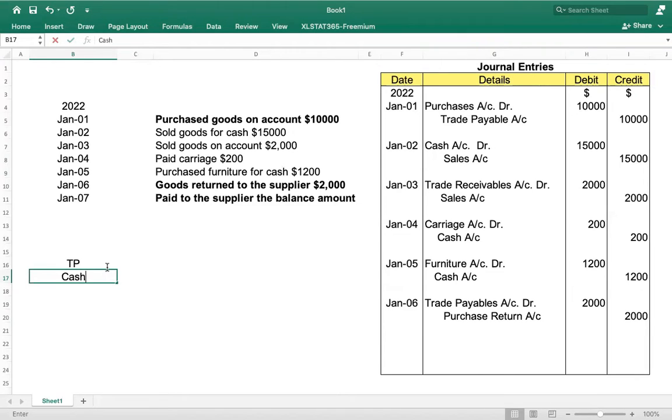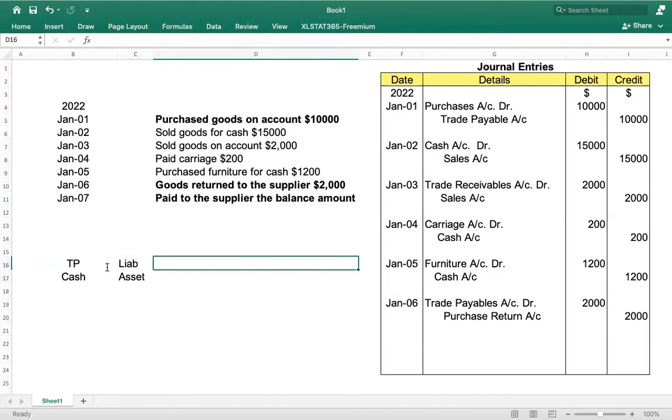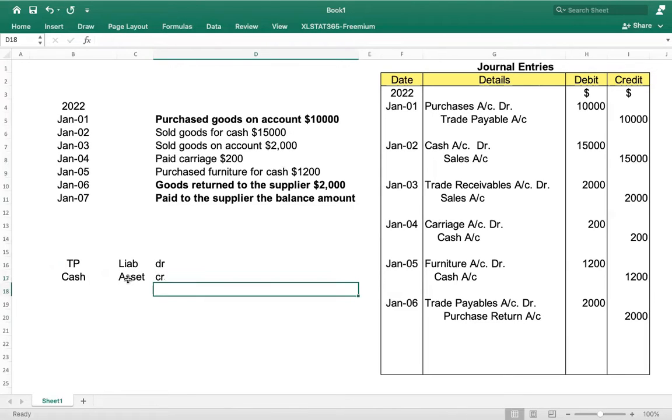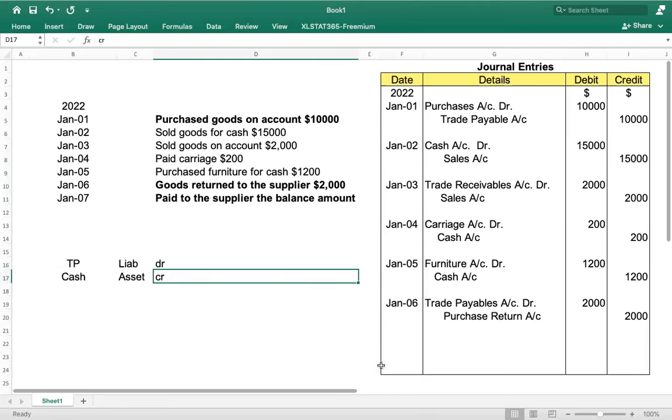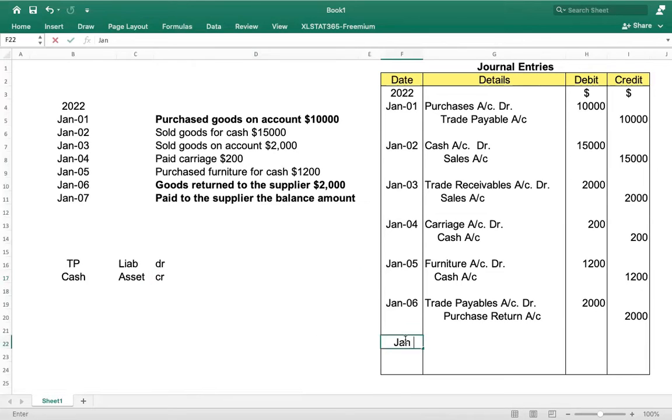Yes, cash. Good. Trade payable is a liability and cash is an asset. What is happening to the liability? Decreasing. Decrease in liability is debit and decrease in asset is credit. We are paying, so cash is decreasing.